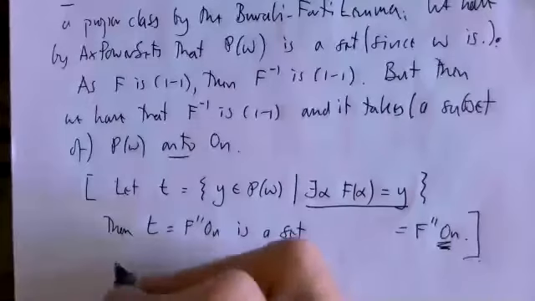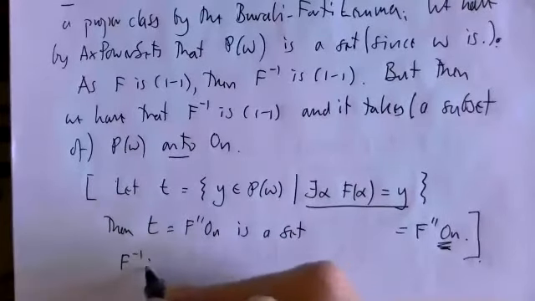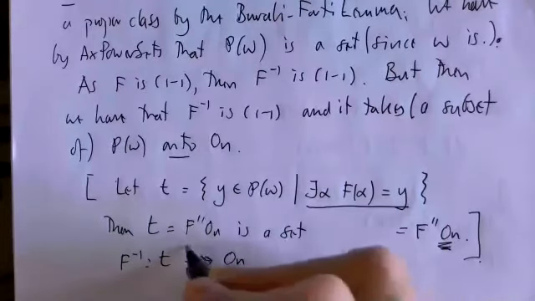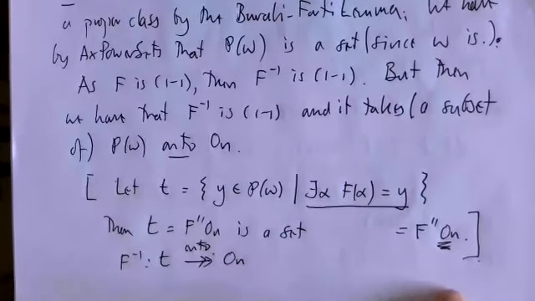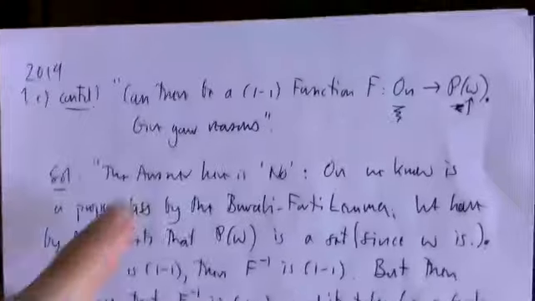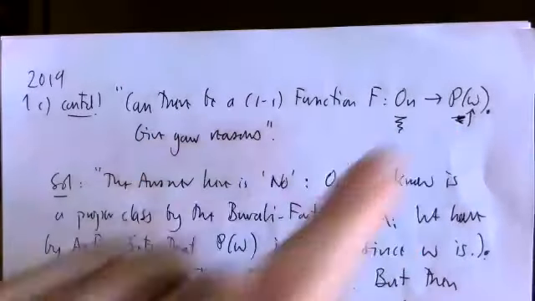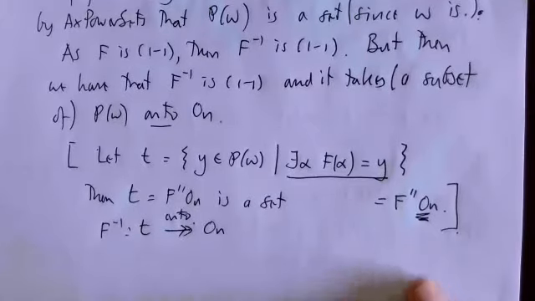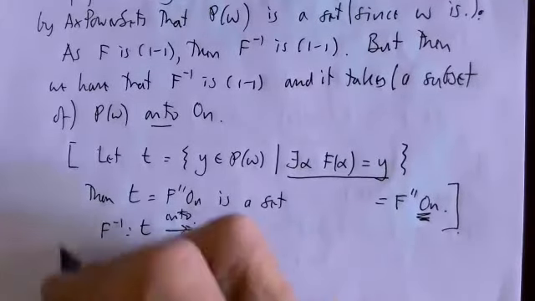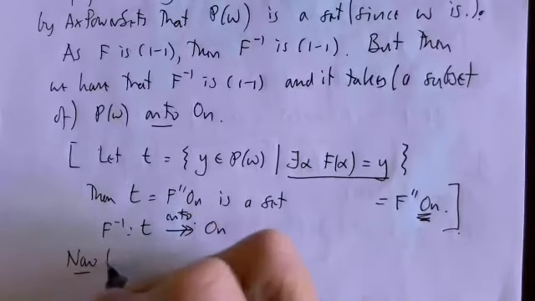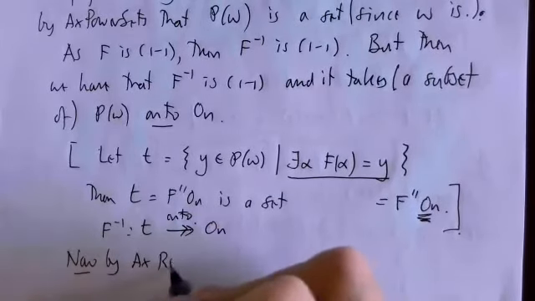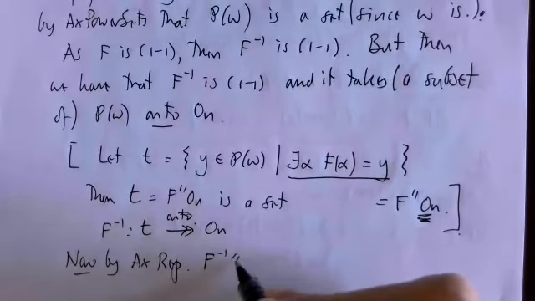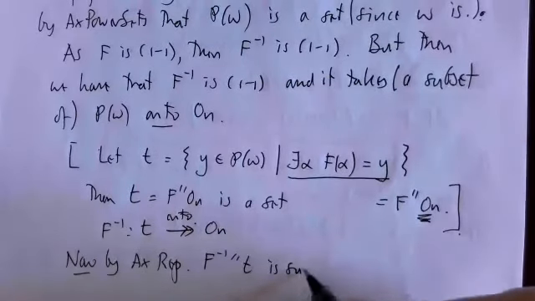So F to the minus 1, this is taking T onto the ordinals, because the supposition is it's 1 to 1 from F into On. Now we apply the axiom of replacement. F to the minus 1 on T is supposed to be a set.